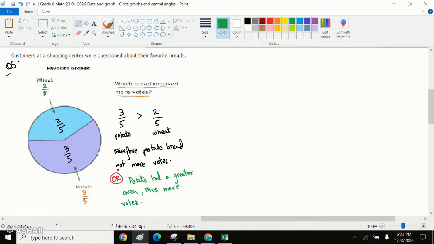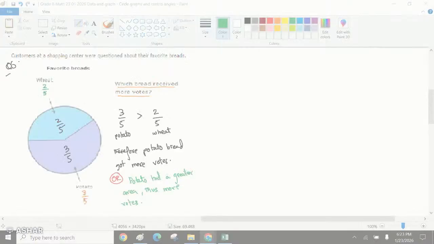So we have multiple ways of finding the approach, or we break the shape into multiple segments and then we say that potato had 3 out of 5, whereas wheat only has 2 out of 5, right? So 3 is always greater. Okay, do we agree on this? Thank you. Let's move ahead to the next question.